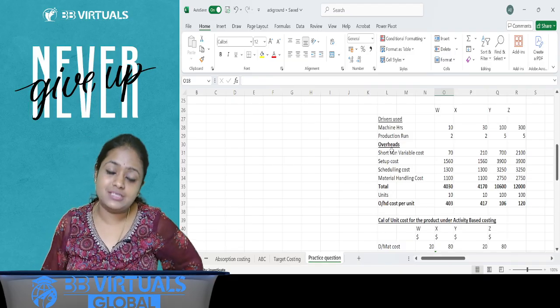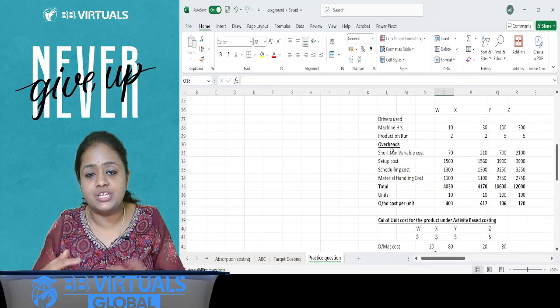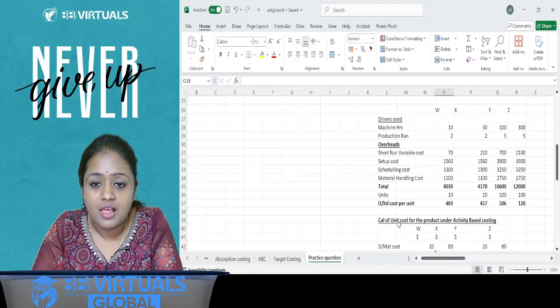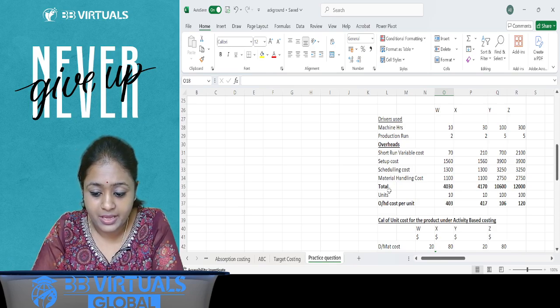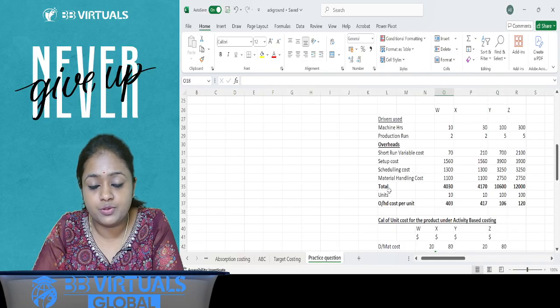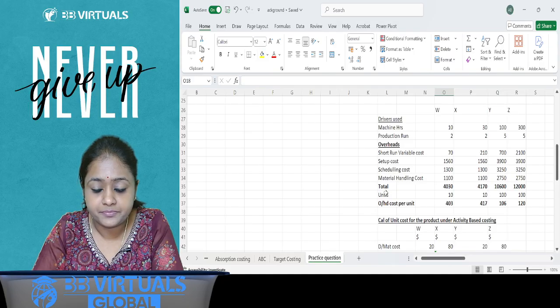Okay, but of course it is complex, it has its own share of disadvantages as well, which is not there for the absorption costing concept. Okay, so any questions, any queries, you can put it to me in the chat box, very quickly.